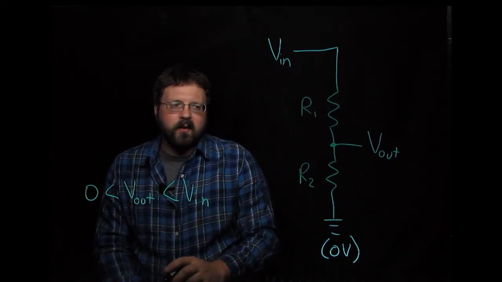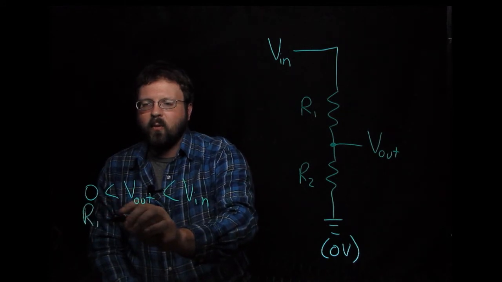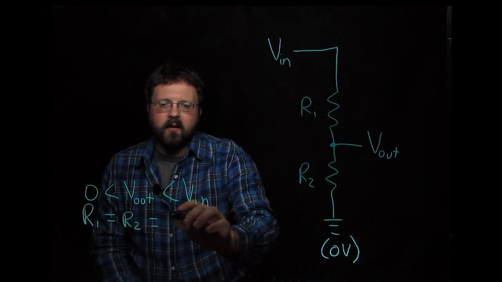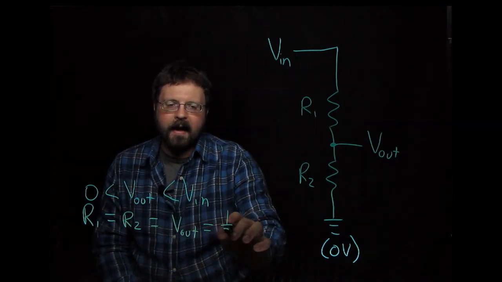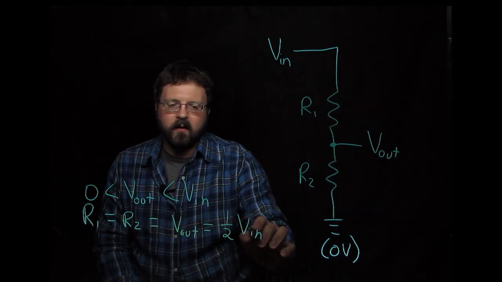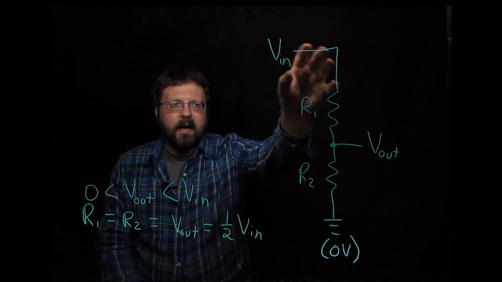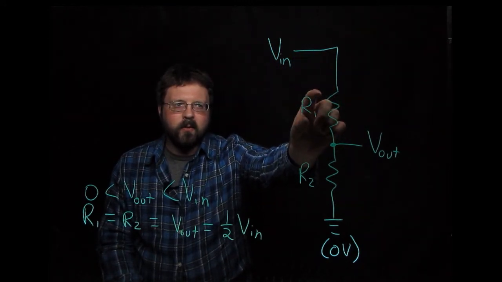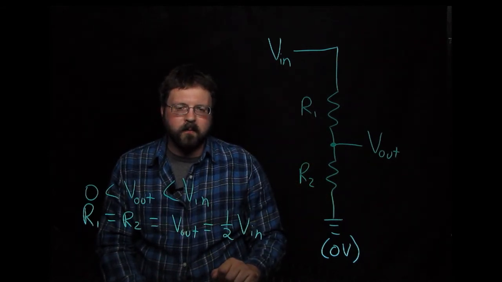So in the case that R1 equals R2, then Vout equals 1/2 Vin. And again, that's because half of the voltage is dropped through R1 and the other half is dropped through R2.